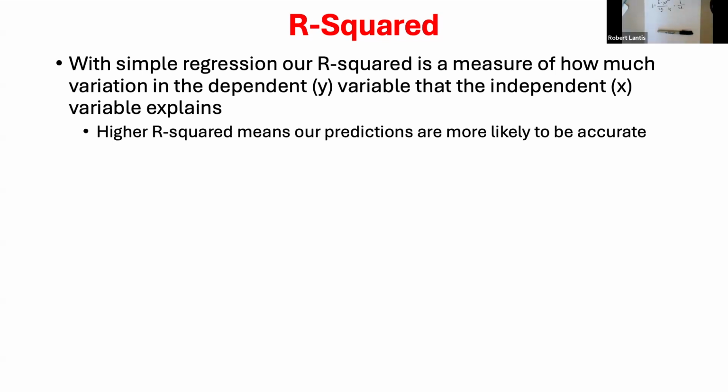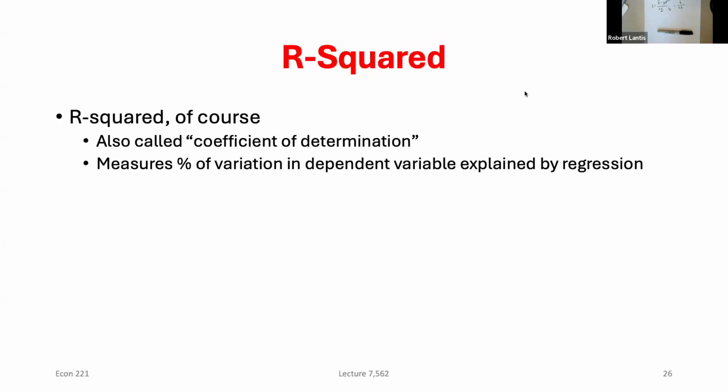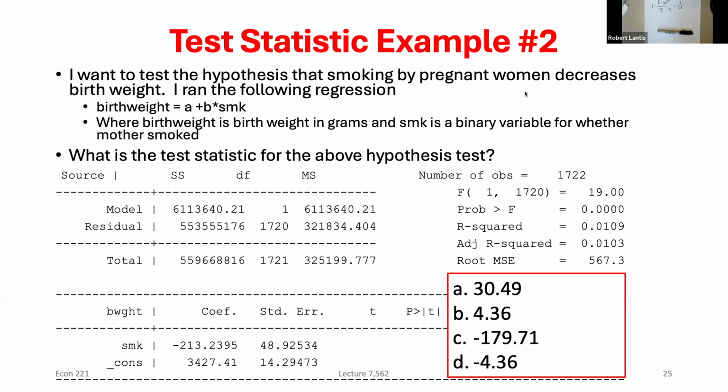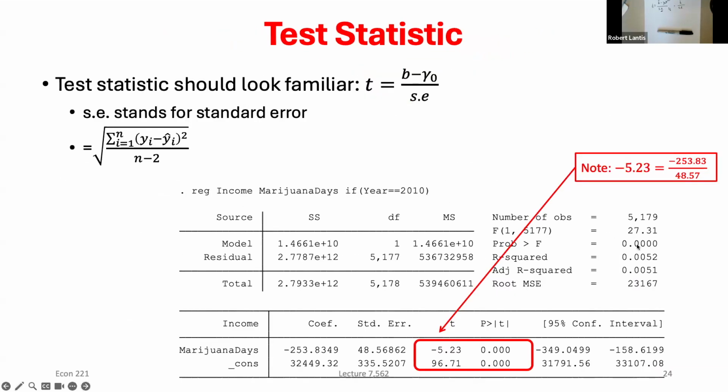Say we go back to the example where I was looking at marijuana usage and income. So we look at that one. Oops, I went too far. There we go. Our R squared is 0.01. Actually, no, that's birth weight and smoking. There we go, so 0.005.